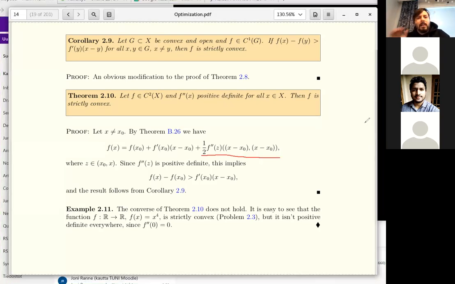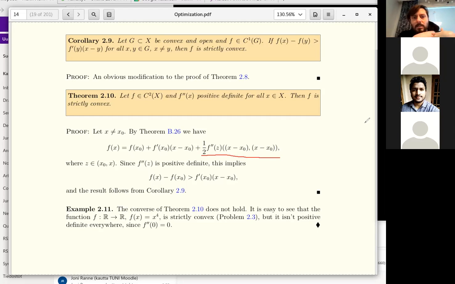So basically, positive definite means that if you have a bilinear form, in this case it would be a matrix probably, and you multiply it with some vector from both left and right hand side, then that result is greater than or equal to 0, and it is exactly 0 only if the vector you multiply it with is 0.